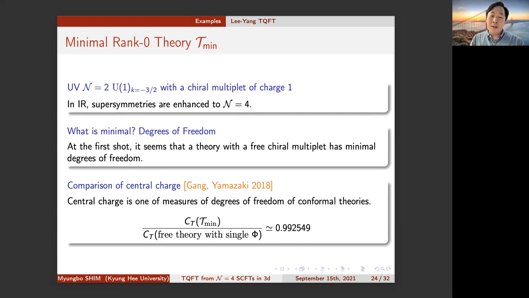Even though the central charge is not the proper measure of degrees of freedom, this indicates this theory could have minimal degrees of freedom. And after this demonstration, we could check that it really has minimal degrees of freedom in the N=4 theory.